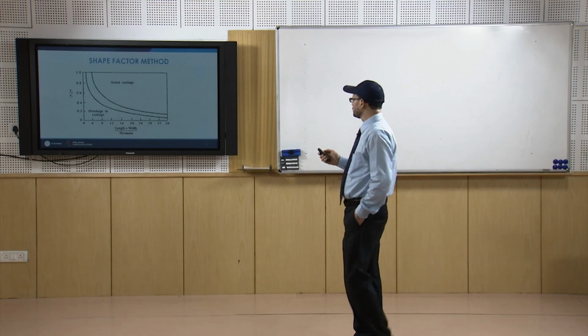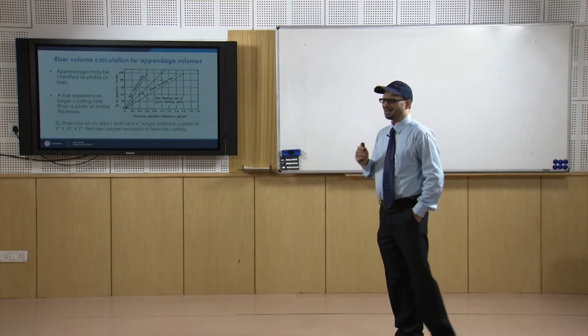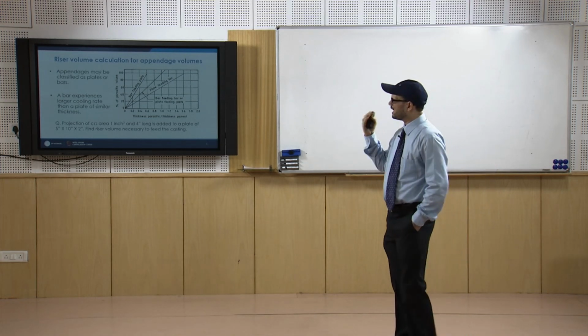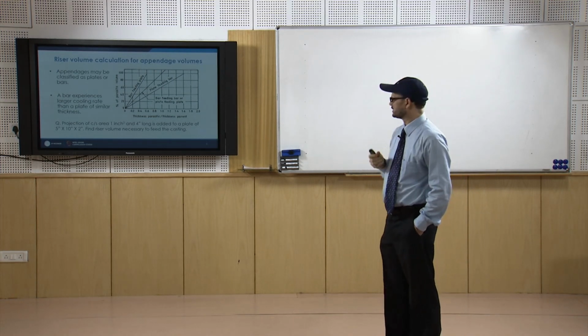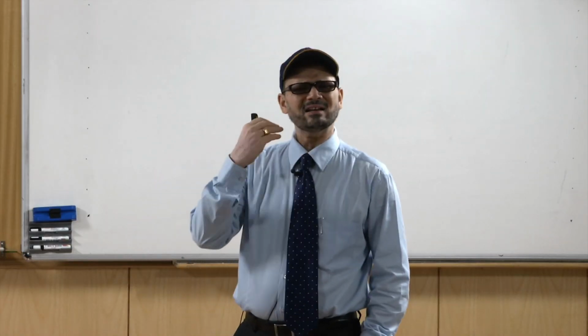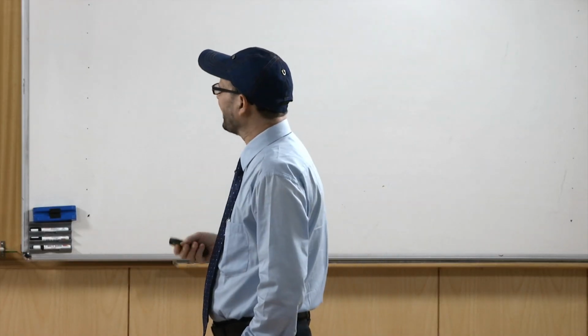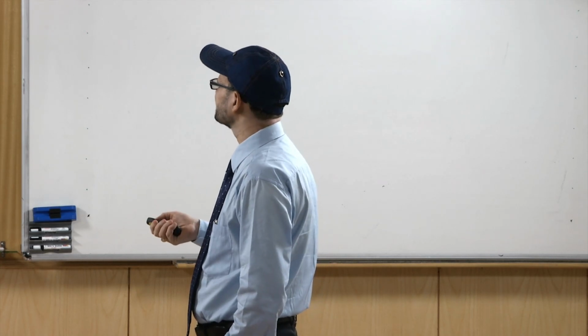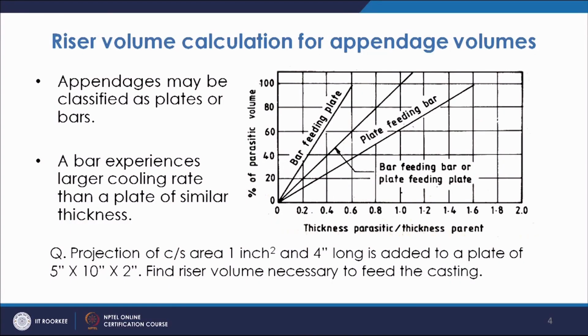Now, what do we do further? This can be done for simple shaped castings. In this method you have an added advantage, because many a times appendages are attached. You may have a casting, and there may be certain volumes added to it, and the parent casting feeds the metal to those appendages.